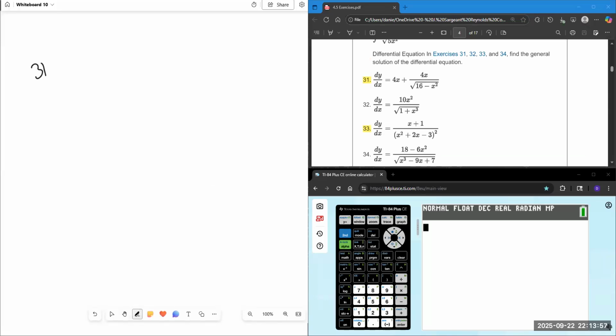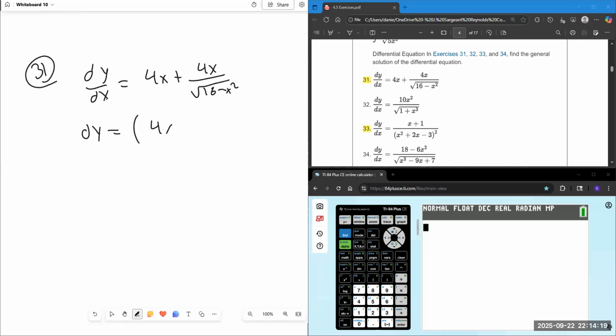31 is a separable differential equation. dy/dx is 4x plus 4x over the square root of 16 minus x squared. So I'm going to move the dx over here. dy is 4x plus 4x over root 16 minus x squared dx.